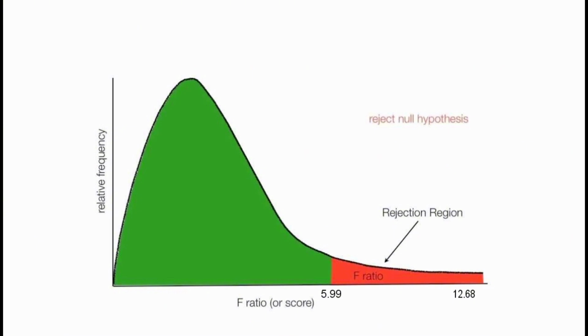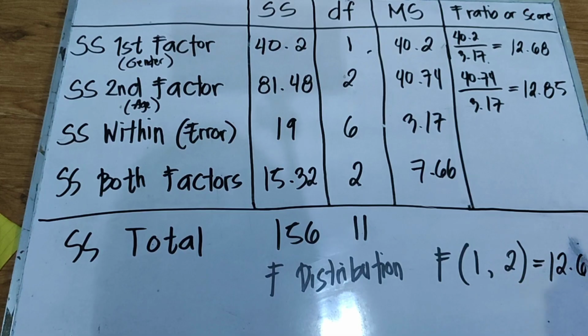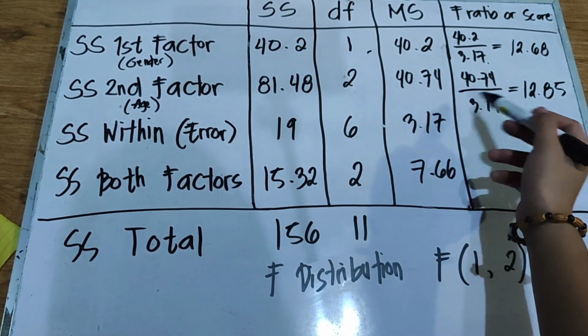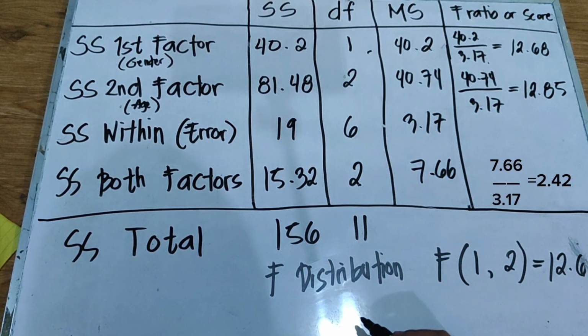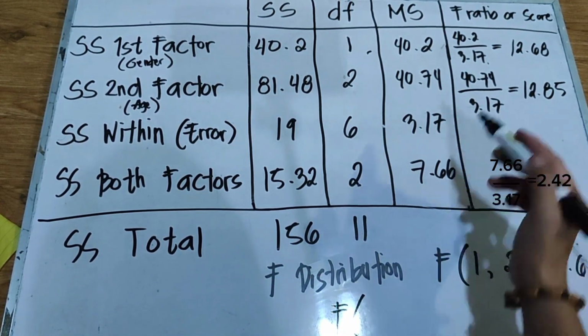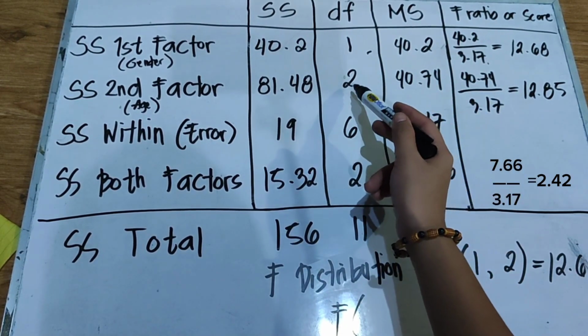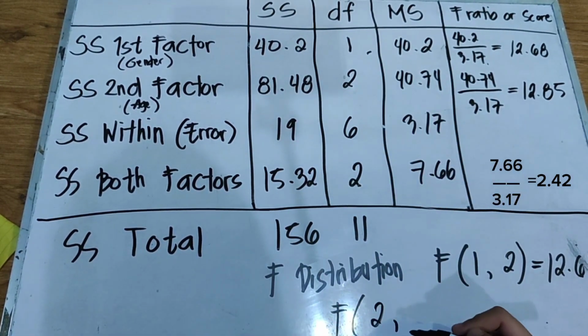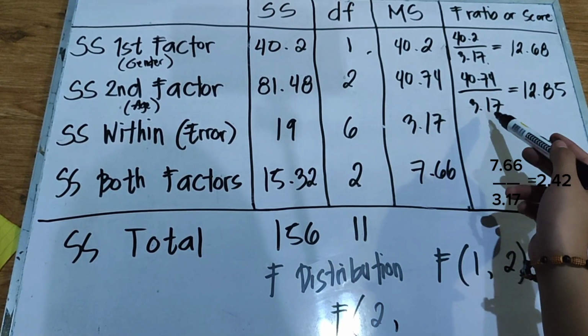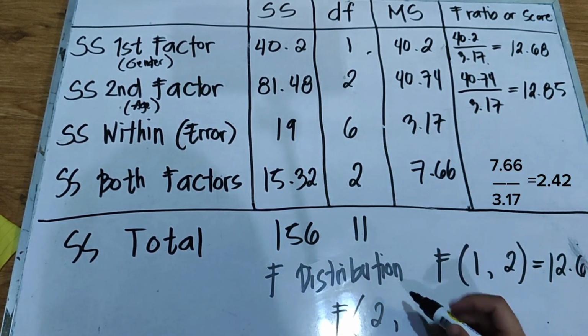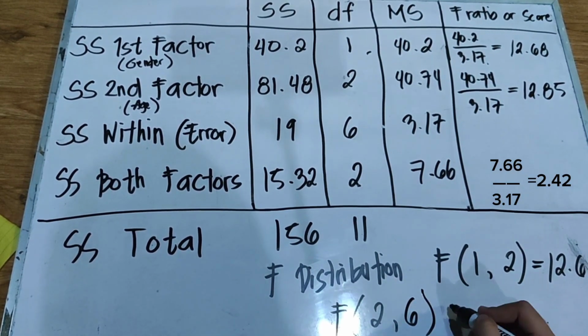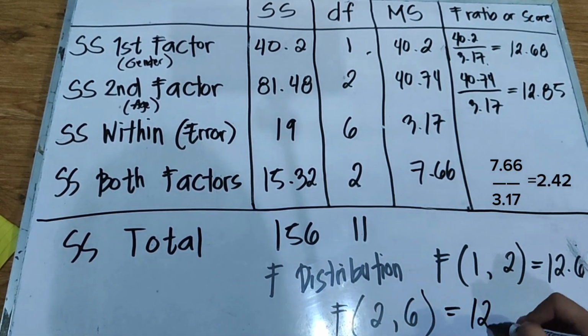Kay if mas dako ang imong F score kumpara sa imong tabular F, i-reject niya ang null hypothesis. And then same with second factor, which is F distribution. For the second factor, F with degrees of freedom numerator, which is 2, and then degrees of freedom denominator, which is 6, is equals to 12.85.